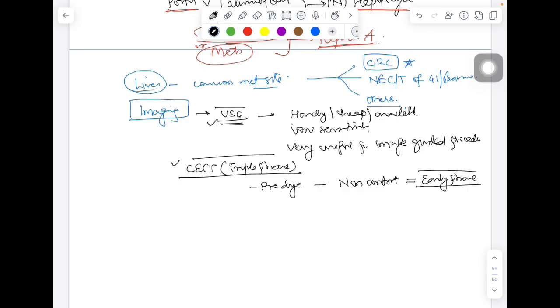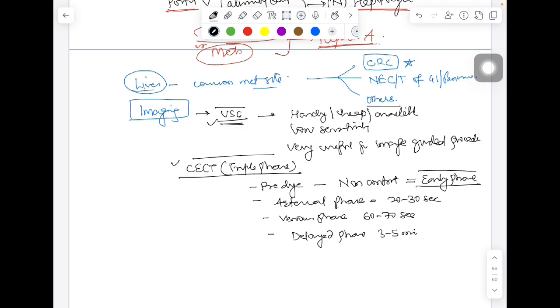Then the dye is given, and there is the arterial phase, 20 to 30 seconds after dye infusion. Then the venous phase, 60 to 70 seconds. Then the delayed phase, 3 to 5 minutes. So actually it's not triple phase, it's 4 phases.